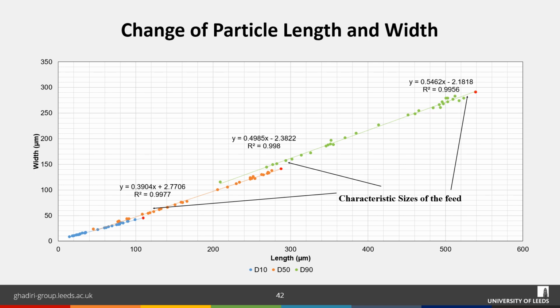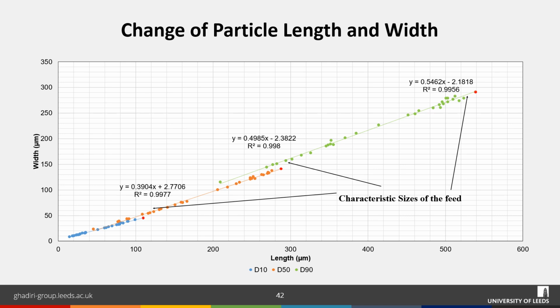Each data point here corresponds to a set of process conditions tested in earlier sections, and the correlation between the length and width of the broken crystals subjected to different process treatments shows a strong linear relationship between the characteristic sizes of the length and width distributions.